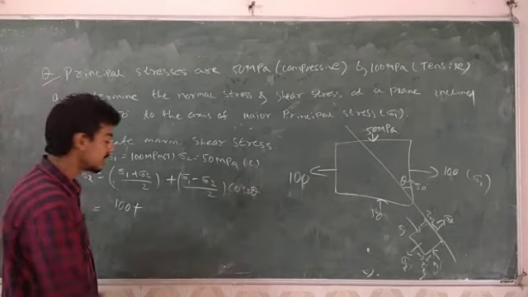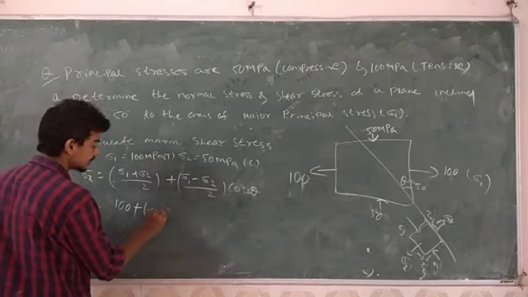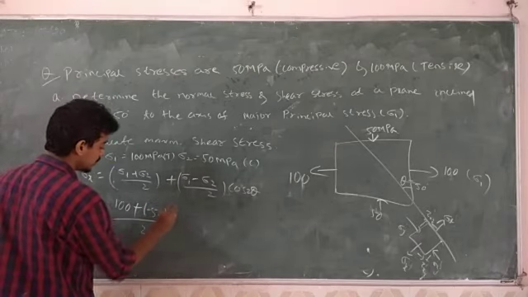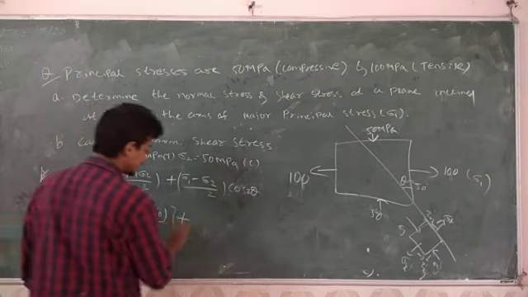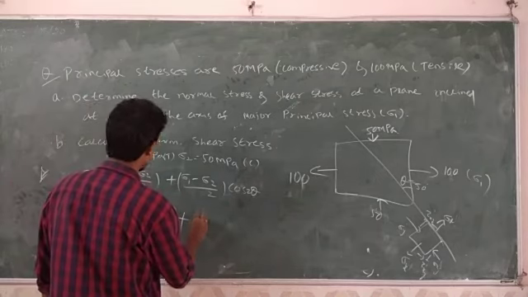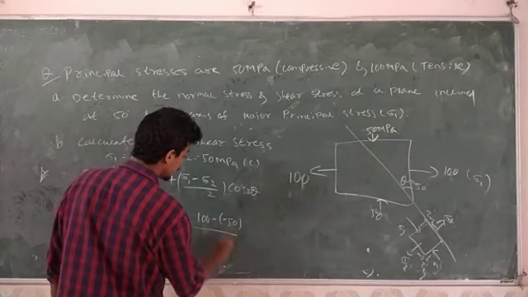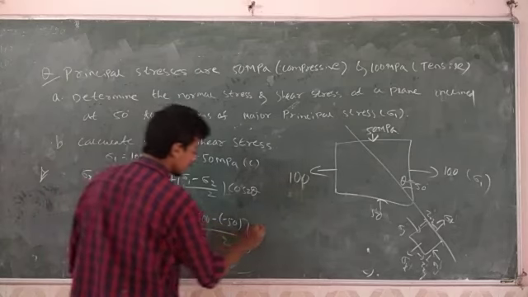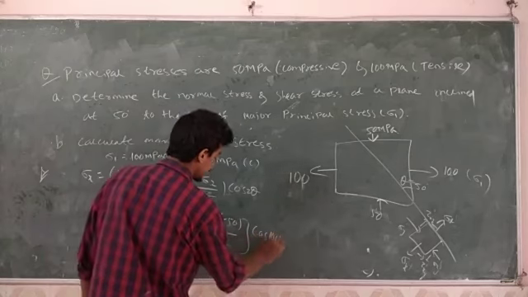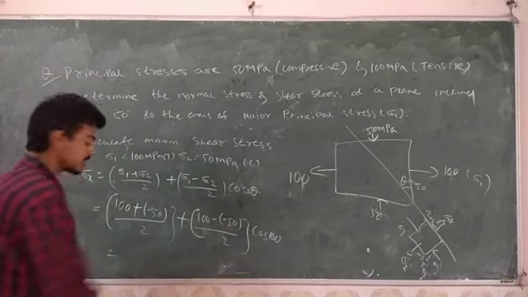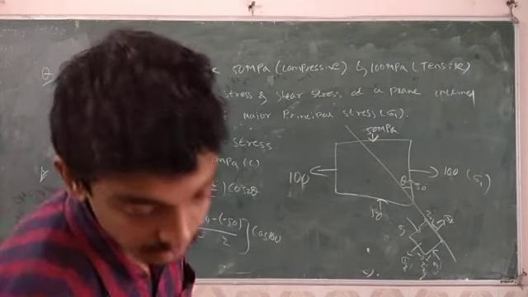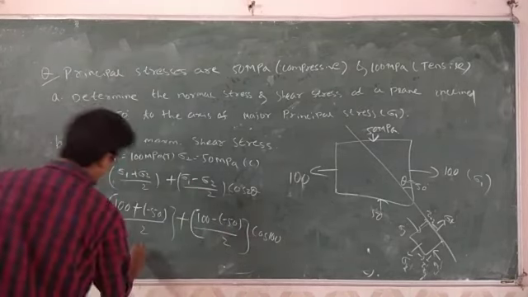So you have to take minus here, minus 50 by 2, plus sigma 1 is 100, here minus of minus 50 by 2 cos 100. Whatever the value will come, that will be your answer. So it is coming around 11.98 megapascal.